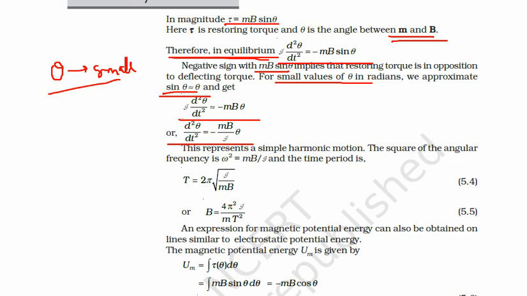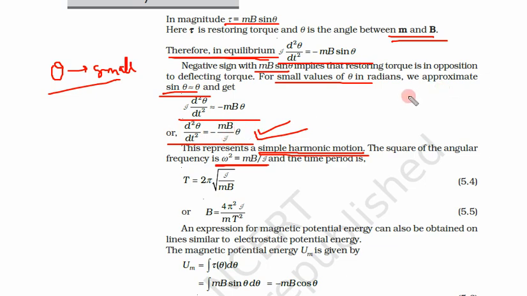So if you see this equation and remember the simple harmonic motion we studied last year in class 11, this is an equation of simple harmonic motion. And the square of frequency, omega square, is equal to this much. If you compare, last time we compared it with d2x upon dt square equals minus kx.